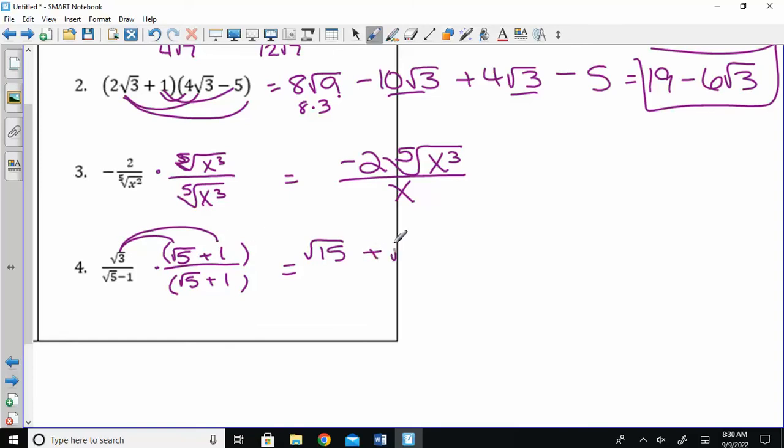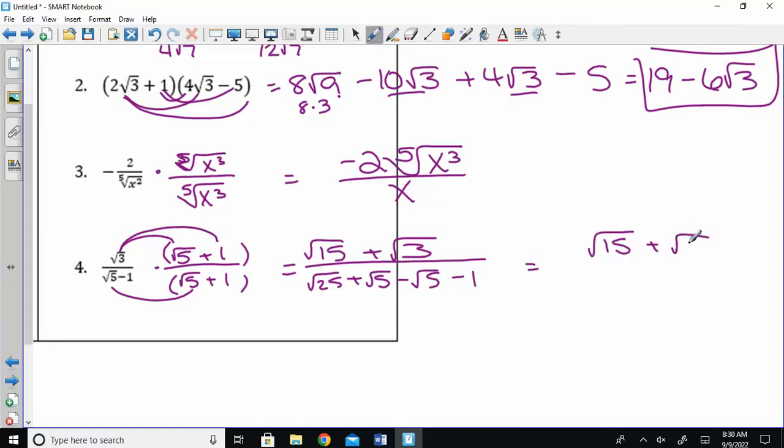Square root of 3 times 1 is square root of 3. On the bottom we FOIL. So that's the square root of 25 plus radical 5 and minus radical 5 cancel. And if you know that, you don't have to write it down. Minus 1. So square root of 25 is 5, minus 1 is 4. And that would be our final answer.